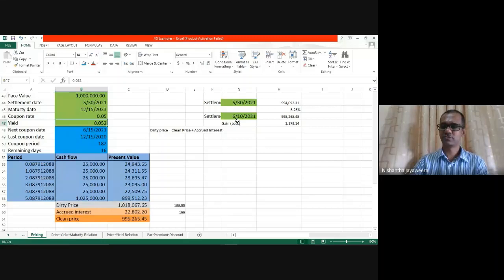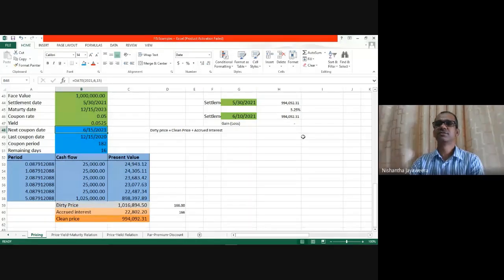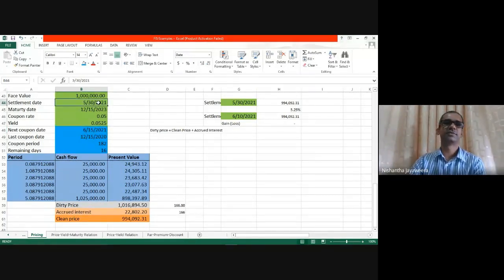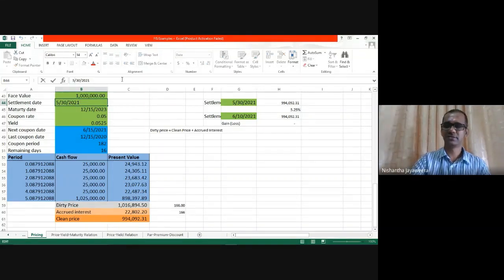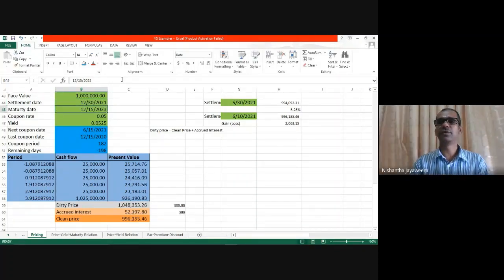Assume the yield remains at 5.25. So there's no capital gain, no loss, because it's the same settlement date. Now assume we move to December 30th, and the yield remains the same. It would be a profit.